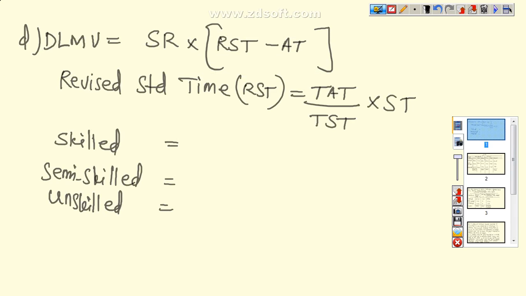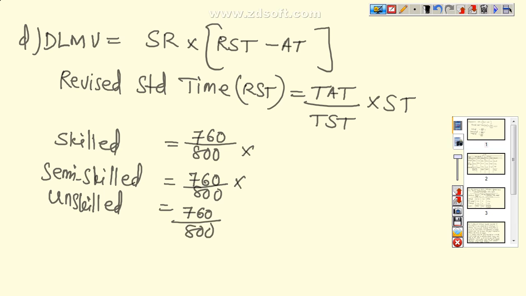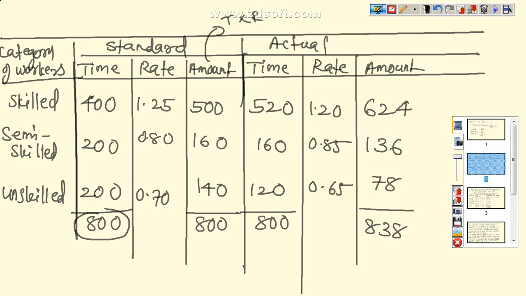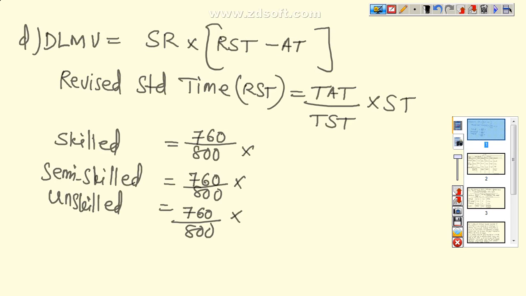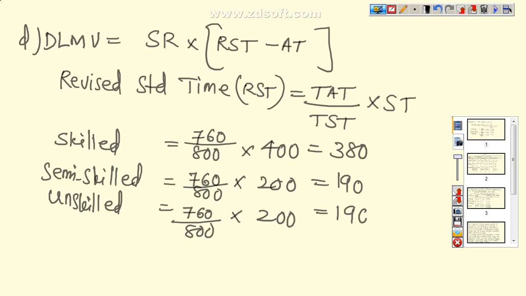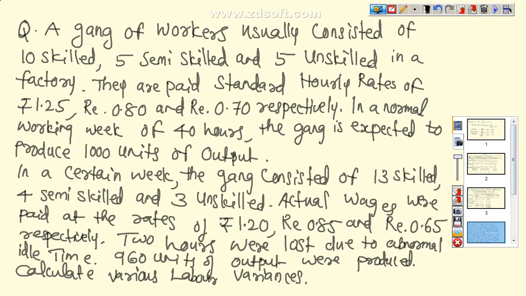So 760 upon 800 multiplied by standard time 400, 200, 200 gives 380, 190, 190.